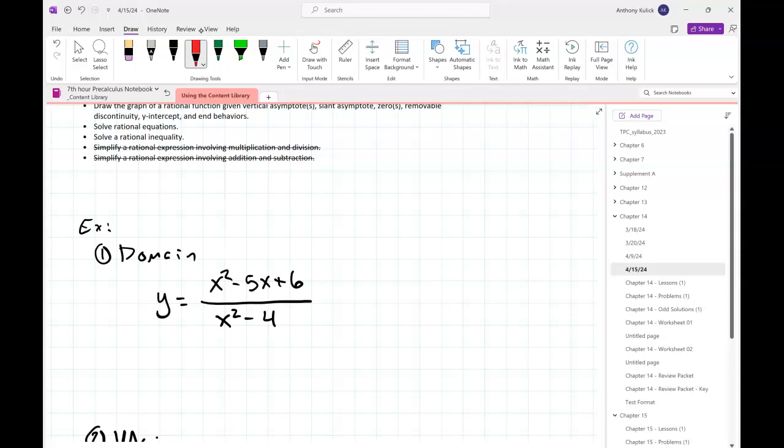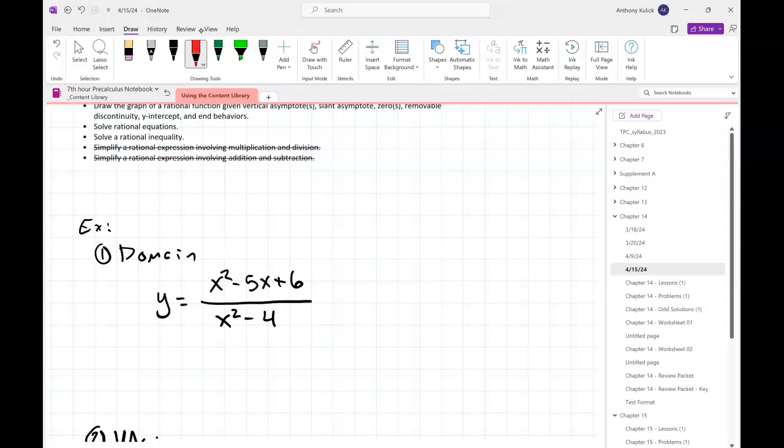So what we need to worry about in a rational function is the operation of division. Because when does division fail to produce an answer? When we divide by 0.